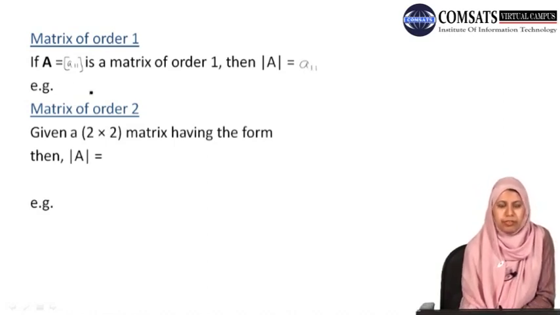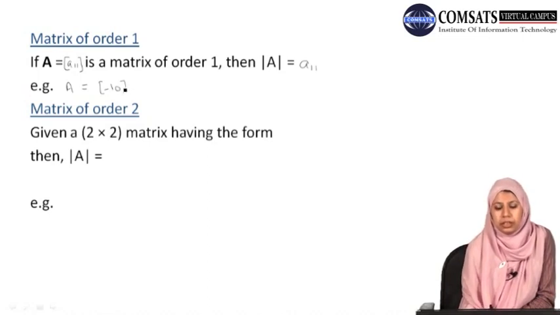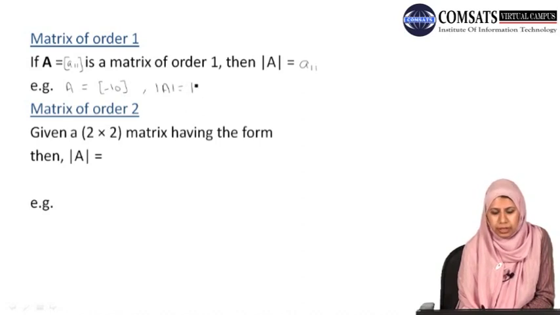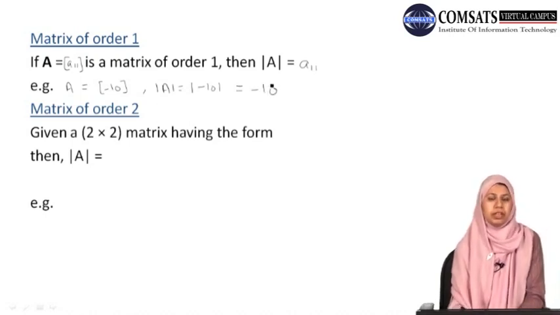That is, the determinant of a matrix of order 1 is the same as the entry of the matrix. For example, if we have our matrix A as -10, then to calculate the determinant of this matrix A of order 1, instead of the square brackets we replace them with vertical bars, with the entry -10 written inside, and this is nothing but the entry itself, which is -10.